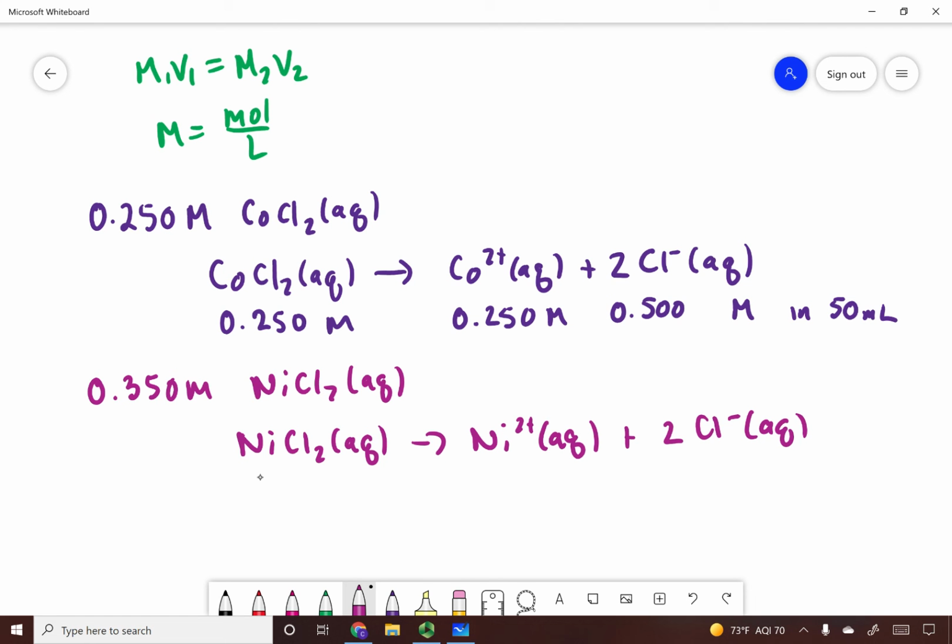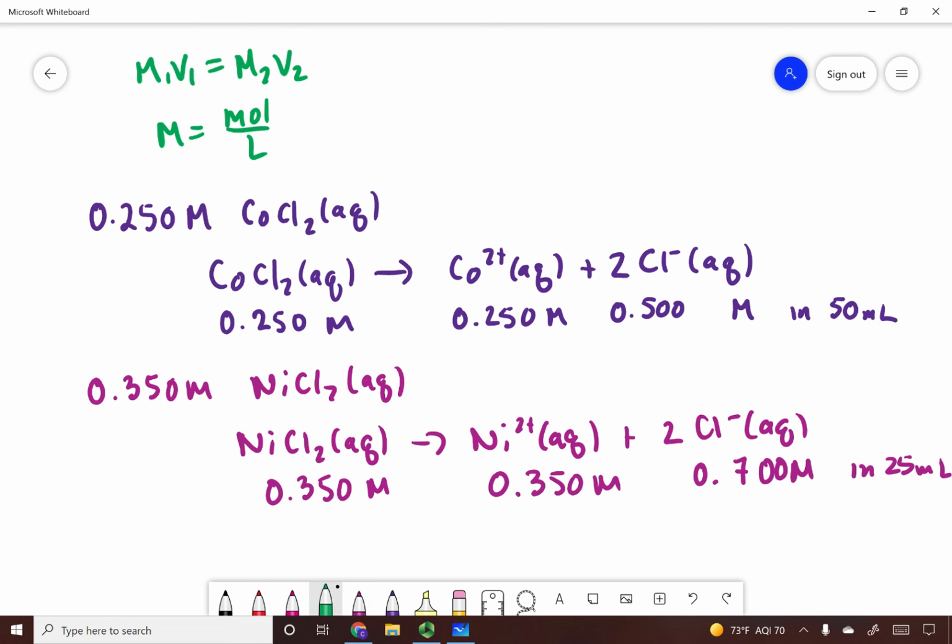So the same thing happens if this is labeled as 0.35 molar. That means the nickel is in a 1:1 ratio. So this is 0.350 molar, but this is twice as much, or 0.7 molar. And again, this is in a 25 mL solution.